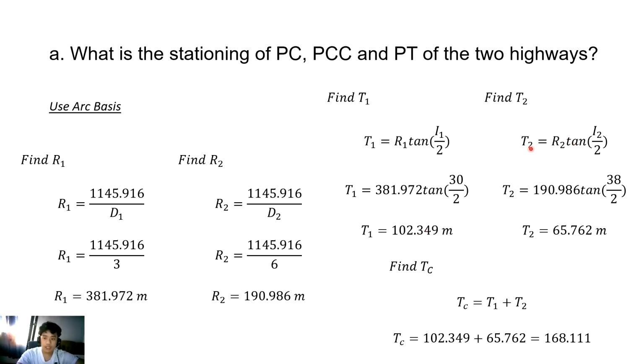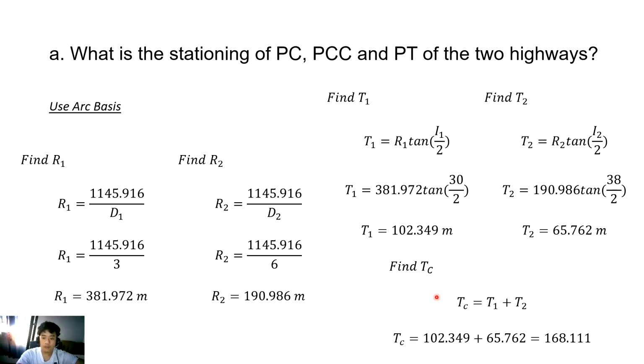Then, para naman sa T2, same formula pa rin, R2 times tangent I2 over 2. So, ang pinagkaiba lang niya ay yung pang 2 yung gagamitin natin since T2 yung hinahanap. So, ang R2 natin ay 190.986 times tangent ng I2 which is yung 38 over 2. So, makukuha natin na T2 ay 65.762.